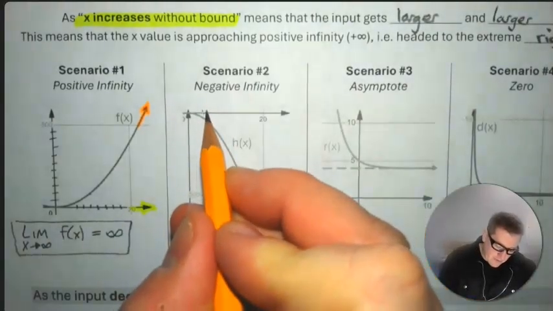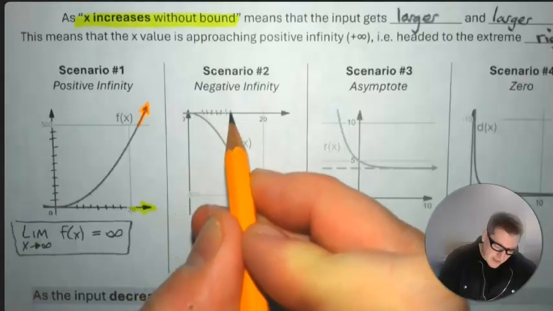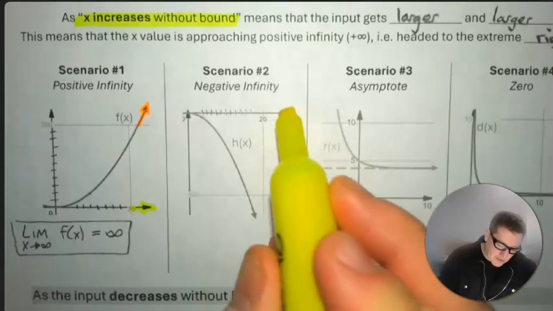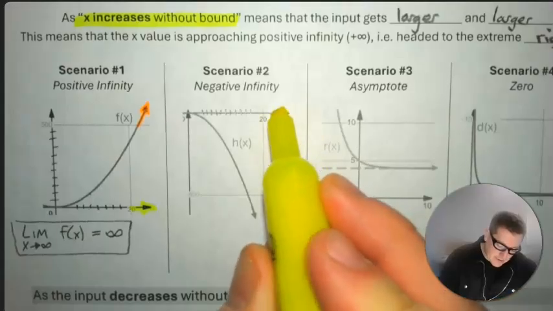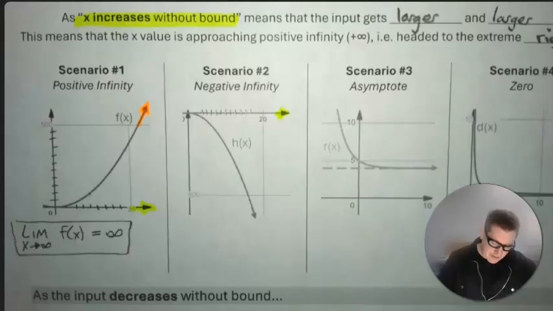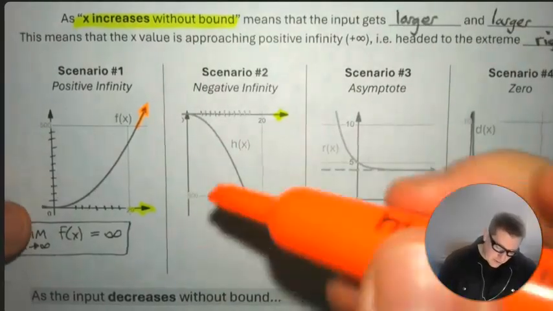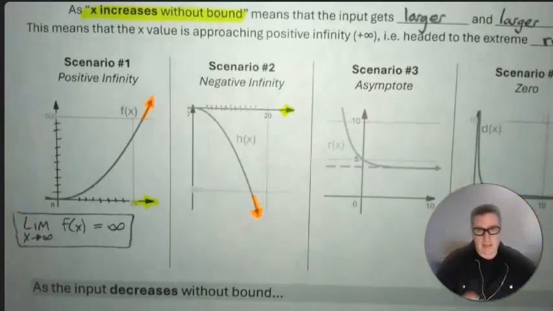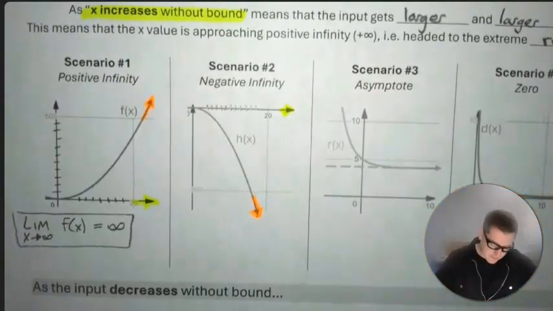In this scenario, as my x's increase without bound, meaning that my x is going to the extreme right, headed to positive infinity, the y value on this graph is going down, becoming more and more negative.